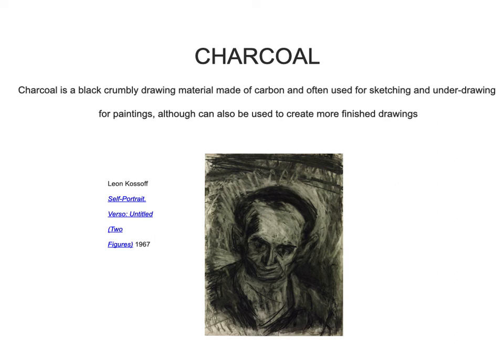The overall result is less precise than hard graphite pencils, so charcoal is suited to freer studies. Charcoal smudges easily and is often protected with a sprayed fixative. The example of a charcoal drawing that we have here is by Leon Kossoff, and it is a self-portrait from 1967.